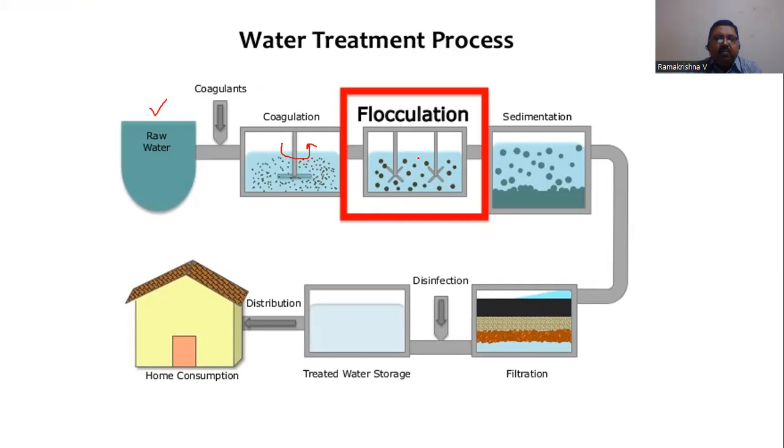Then we have another process called flocculation, where the attached particles come together and form a bigger mass, and they will be settled down in a sedimentation tank because of gravity. So these three units put together we are now calling a coagulation aided sedimentation tank. It is not plain sedimentation, it is called a coagulation aided sedimentation tank.